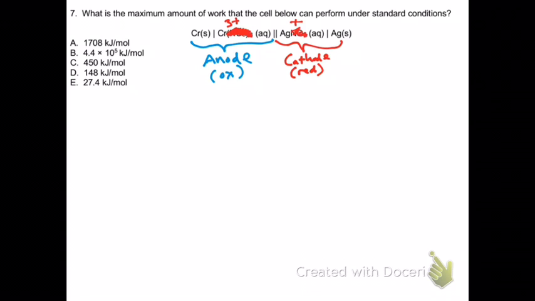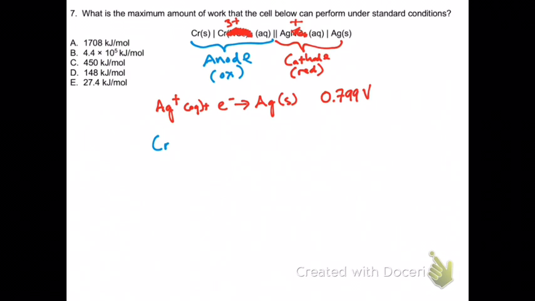So, when we write our reactions, first let's write out the reduction of silver. So, silver plus an electron to yield solid silver has an E standard 1/2 of positive 0.799 volts. Okay? So then the oxidation of chromium.